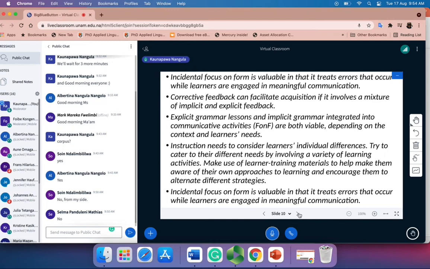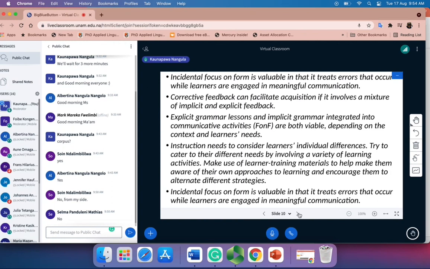And then the next one, incidental focus on form is valuable in that it treats errors that occur while learners are engaged in meaningful communication. Incidental means that you are helping your learners focus on a certain form that you need them to focus on, especially if they are making errors as they communicate.